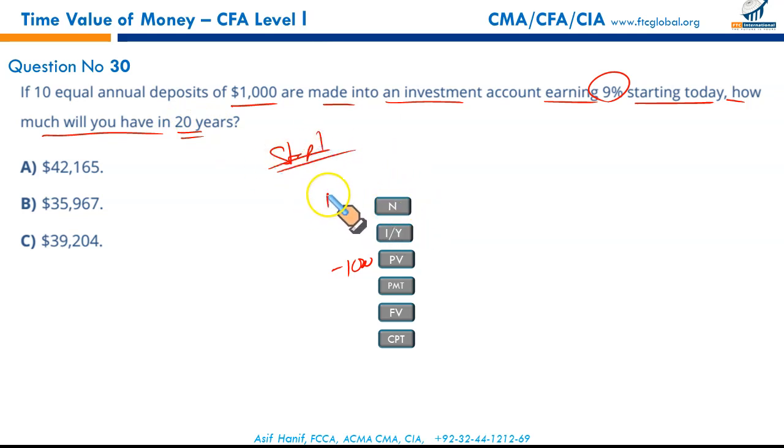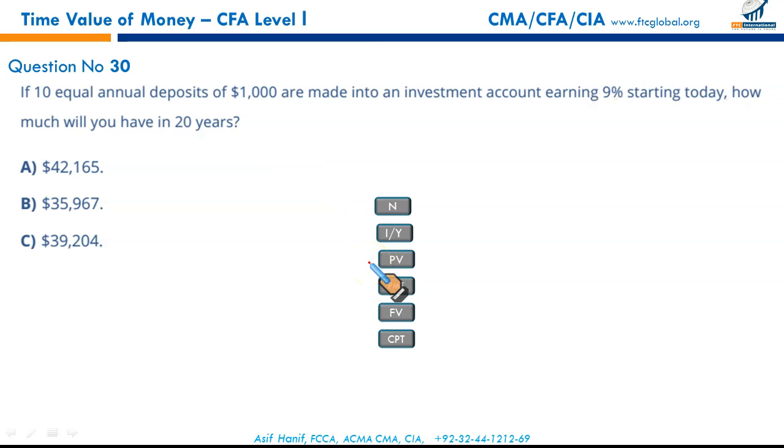Number of periods for the first phase is 10. Interest rate is 9%. Present value, let us clear this up. It was the payment. N is 10. Interest rate is 9%. Present value is 0. We are making a regular payment of 1,000, annuity due at the start of each period. We need to calculate the future value.